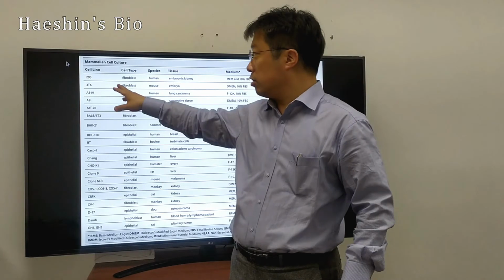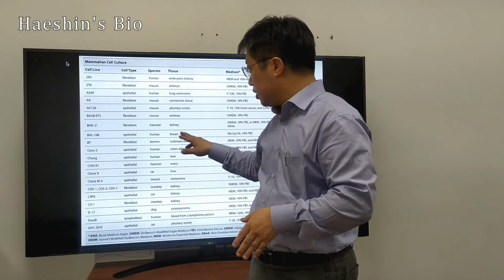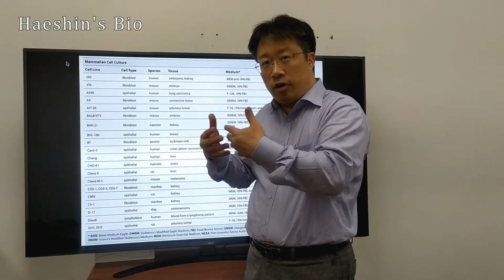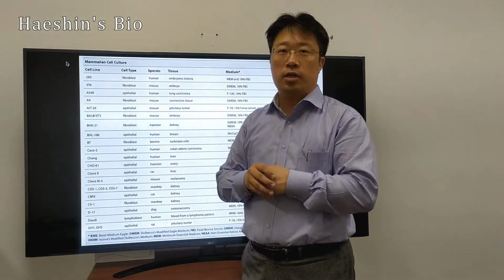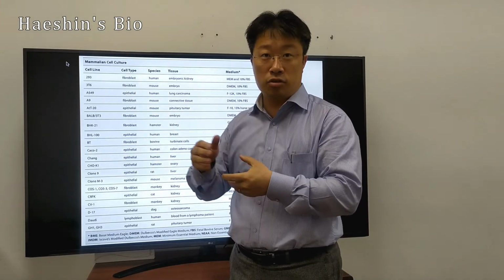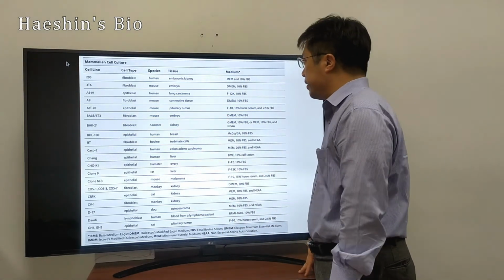For example, they have maybe 95% kidney fibroblast plus a little bit of cancer cell type, so they can continuously grow. So it is easy to culture this cell line. That's the concept of a cell line.